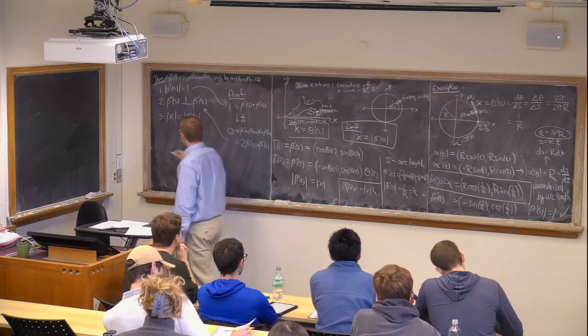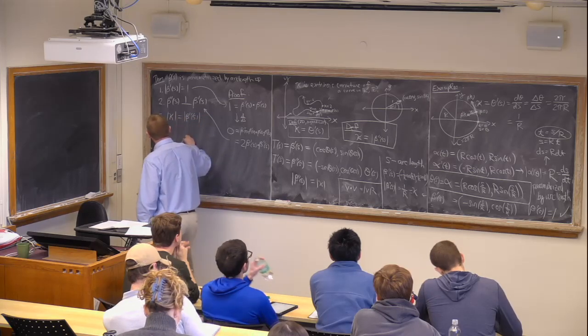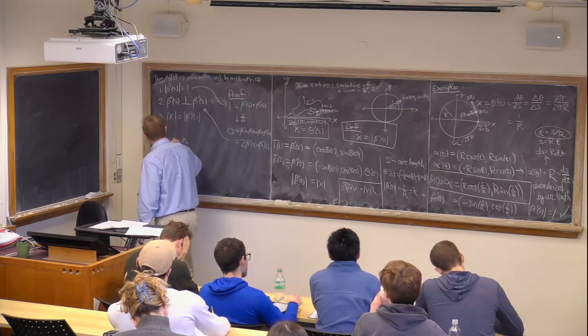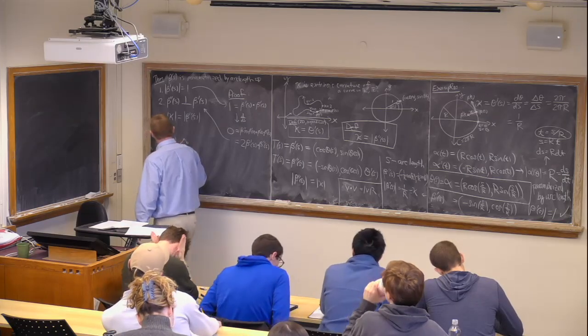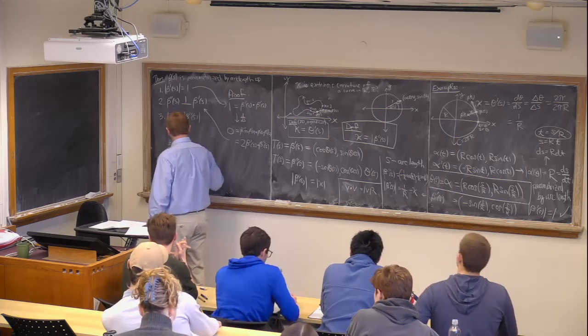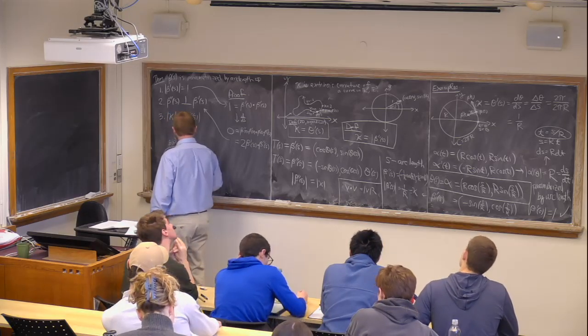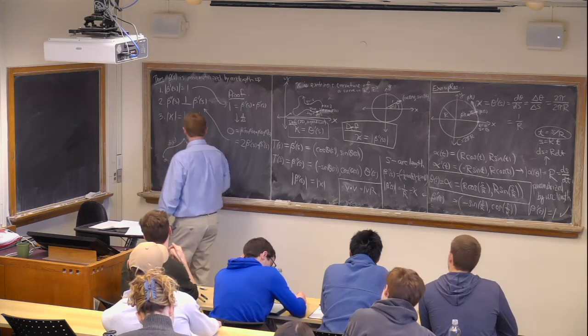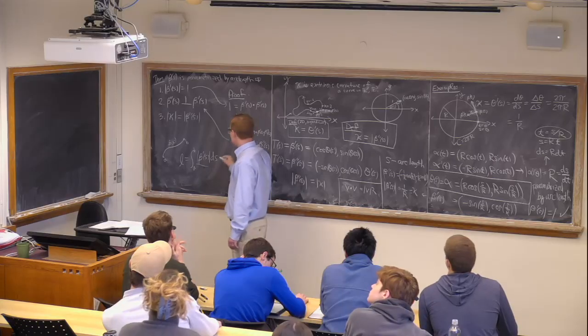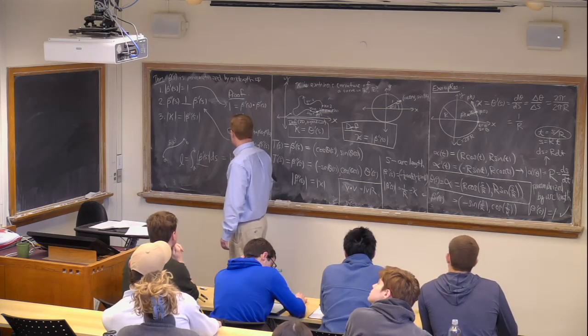Now, the reason that's true is that when I have a curve and I want to know what the length of the curve is from A to B, and this curve is beta of S, then the length, remember from multivariable calculus, is the integral from A to B of the length of beta prime of S ds. That's the definition of arc length. If that's 1, then we see that the length is going to be exactly b minus a.